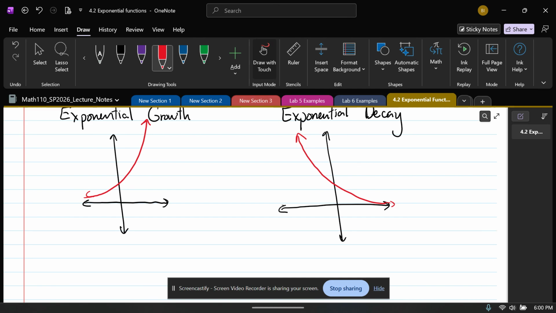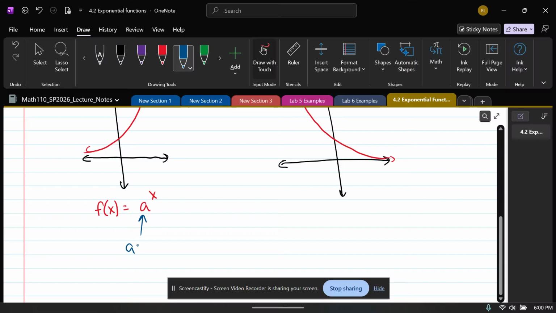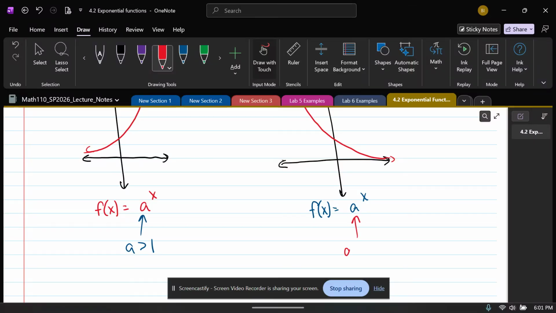But anyway, exponential growth. The key to that, when you have the function, it looks very similar, but the base is going to be a number bigger than one. Exponential decay, your base is a number between 0 and 1.